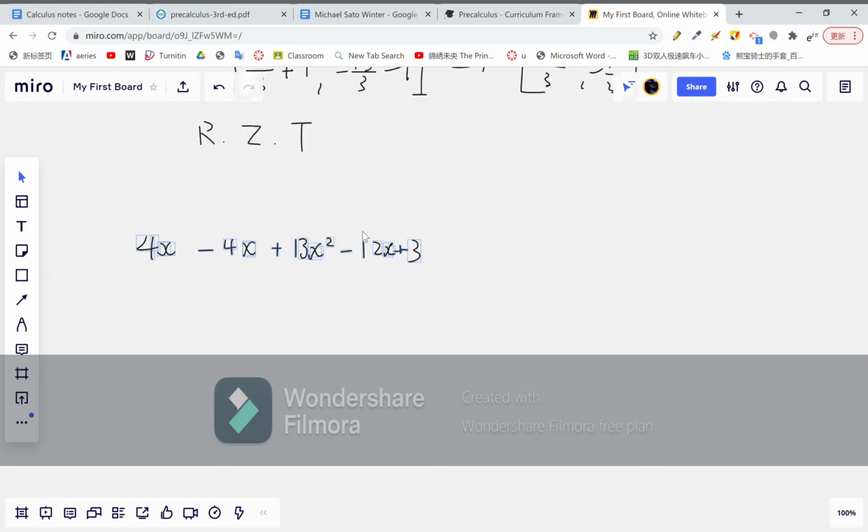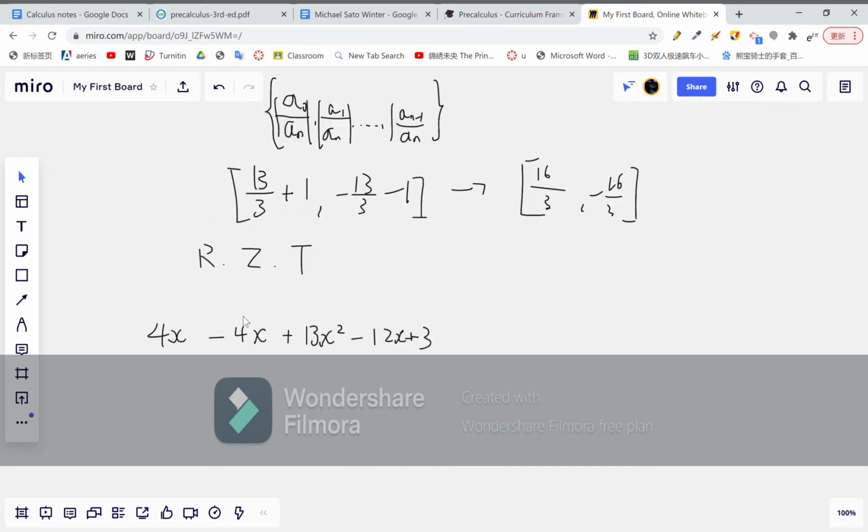All the roots must be in the form p over q, where p is a factor of a0 and q is a factor of an.